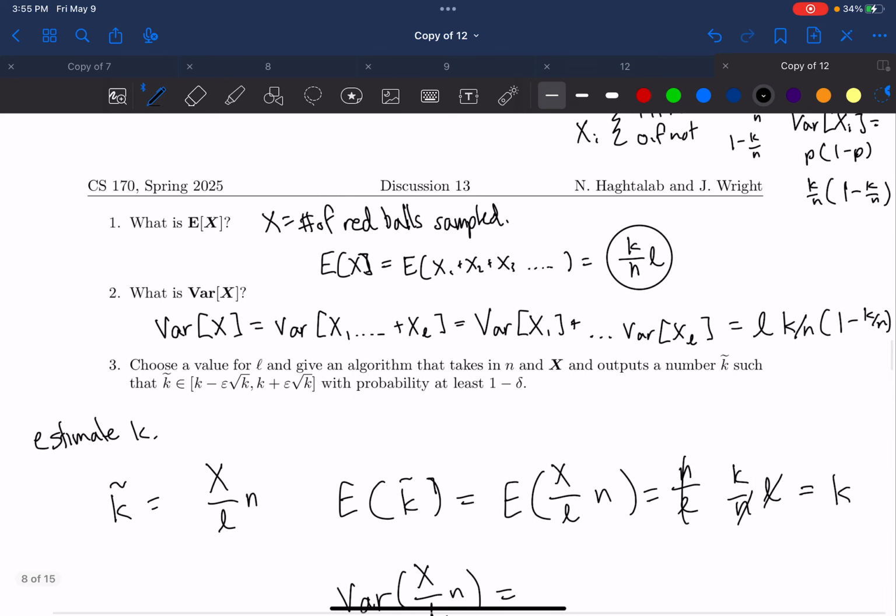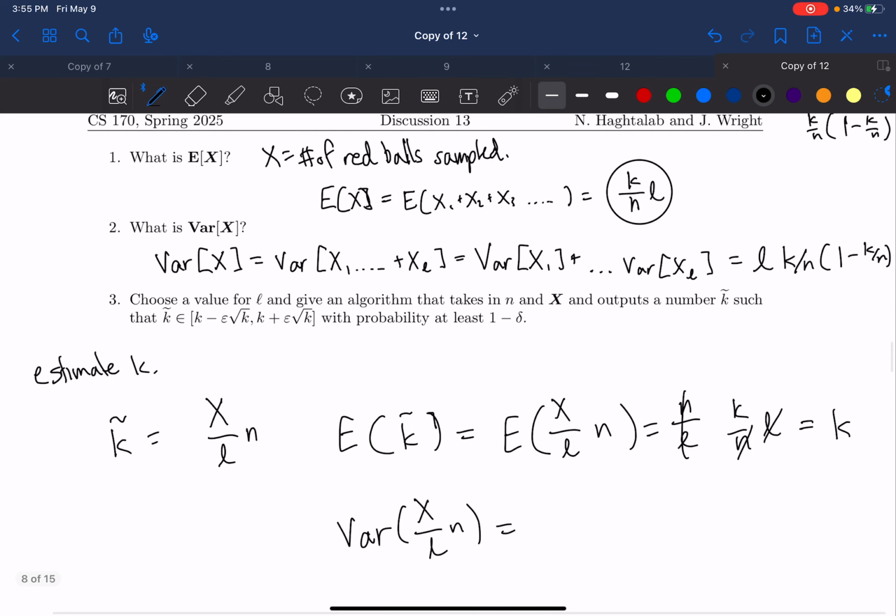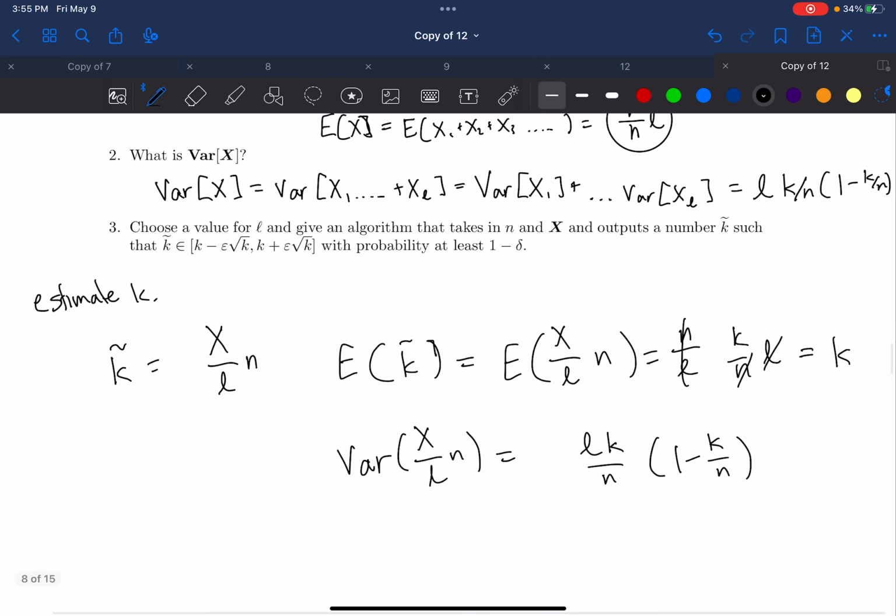And then we can again substitute it in. So we have here L K over N times 1 minus K over N. And the only other thing to note here is that when bringing these constants out of the variance, you actually have to bring out the squared.